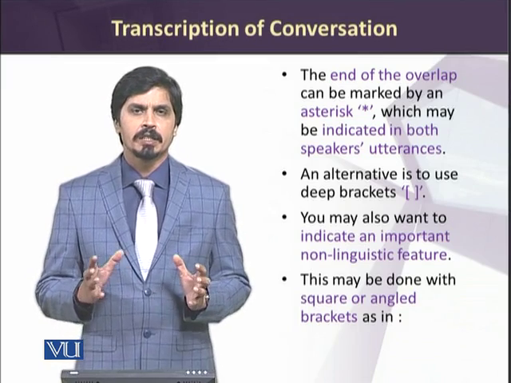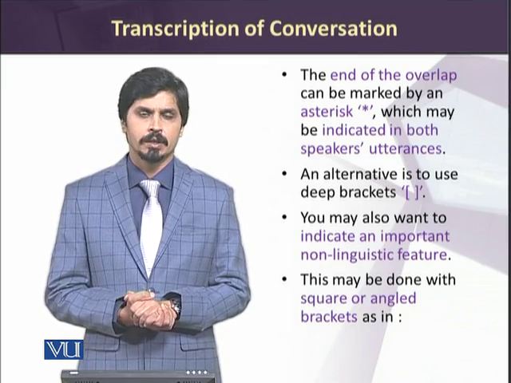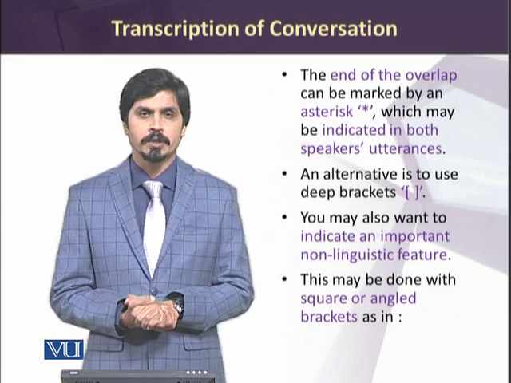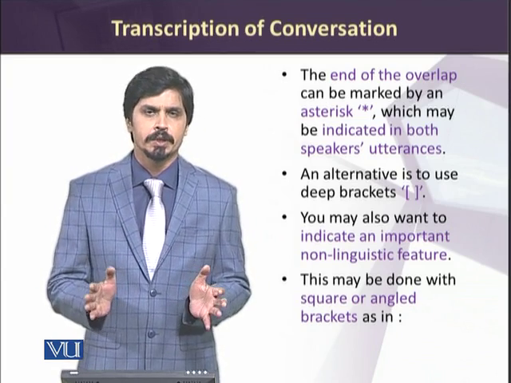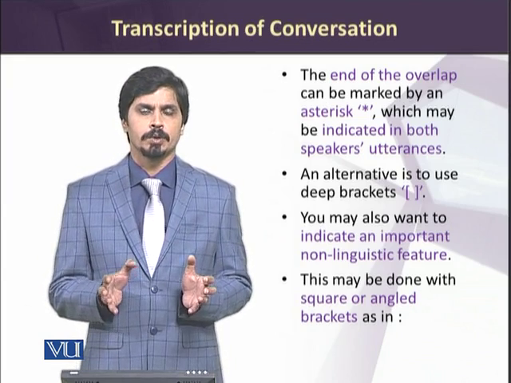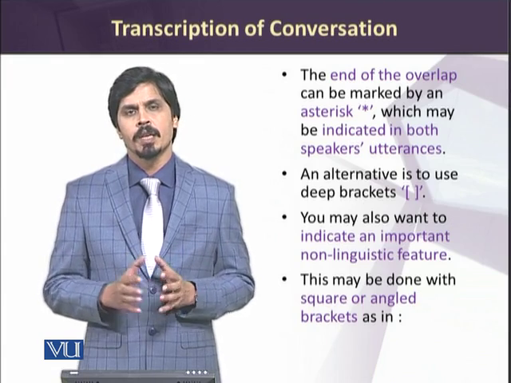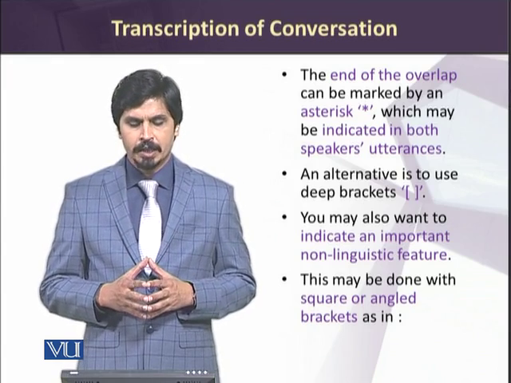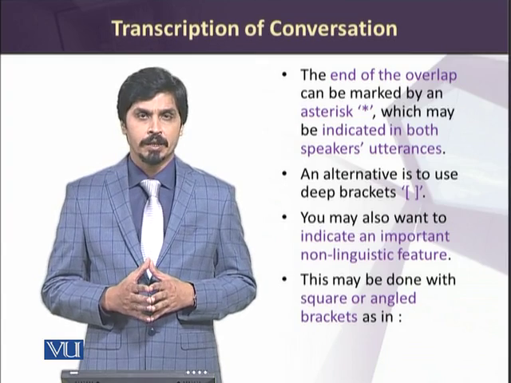An alternative to this in some contexts is the use of brackets, the long brackets. You may also want to indicate an important non-linguistic feature. There could be other aspects of a conversation which are not linguistic, and they may be useful for interpreting the data. You can still encode them or mark them through certain measures. For example, they may be done by square or angled brackets.